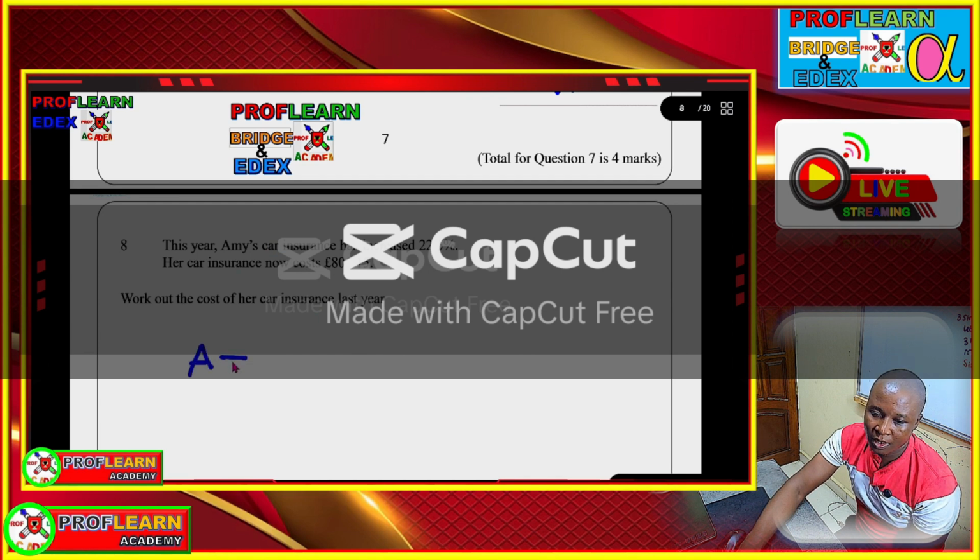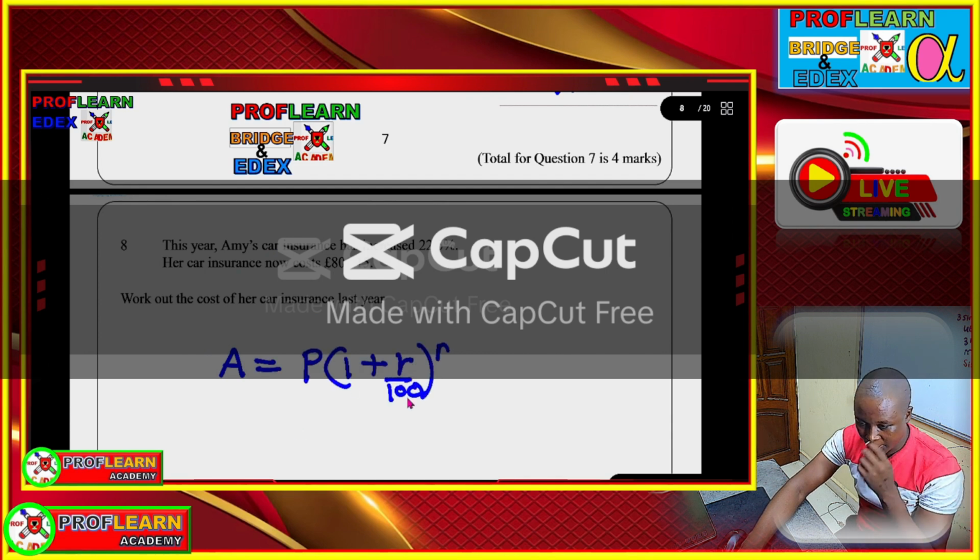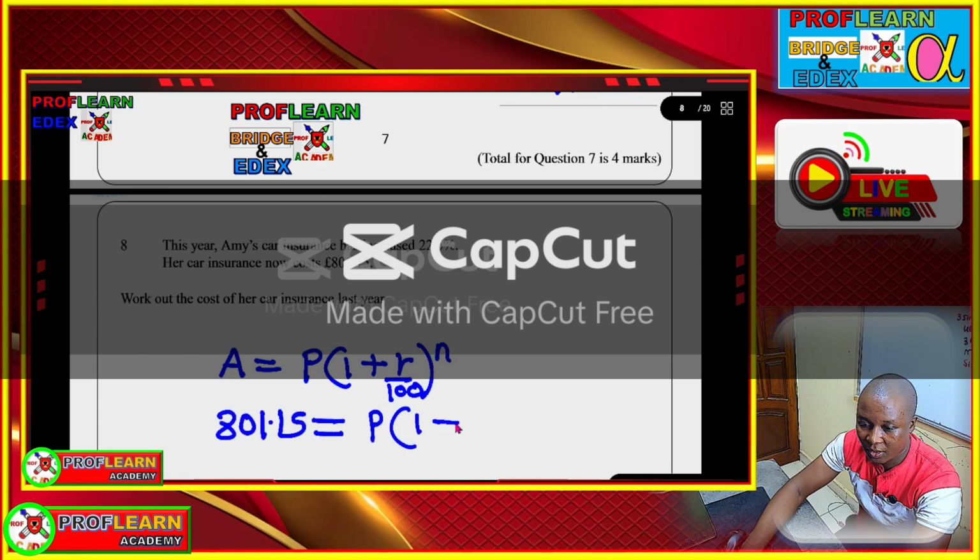So the first method, we shall say amount is equal to P into 1 plus r over 100 raised to power n, and our amount is the current amount, which is 801.15, and the principal is the previous amount, which we didn't know, which is last year's amount.